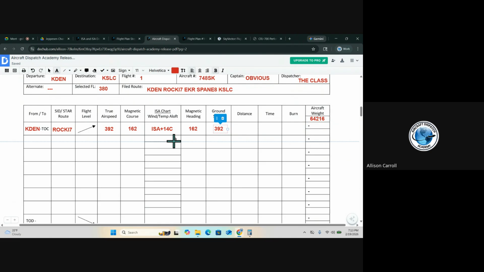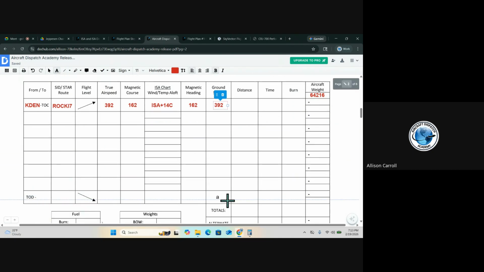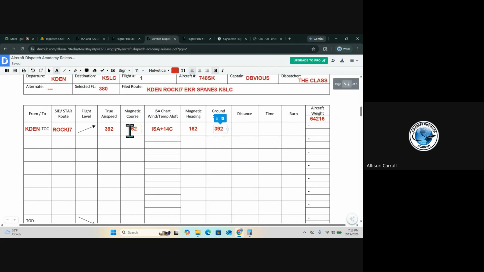Remember, I said we don't make you go into all the different winds going up to 38,000 feet. Okay, we don't torture you. So these two boxes over here, this is just for climb and descent. We don't factor in winds. Okay, so they mirror each other right here.